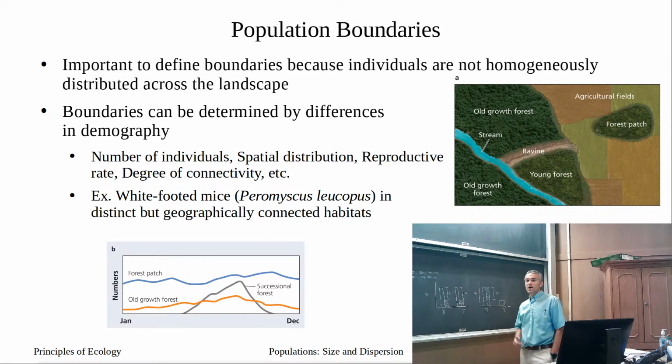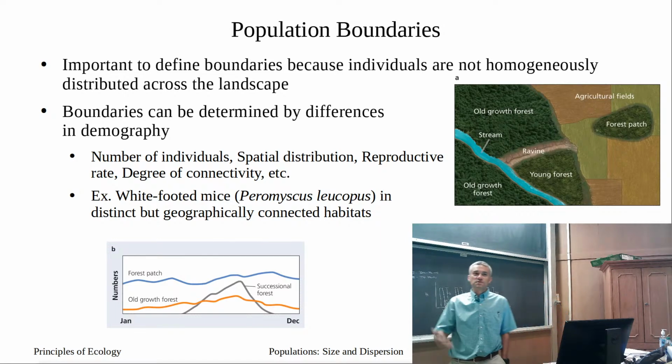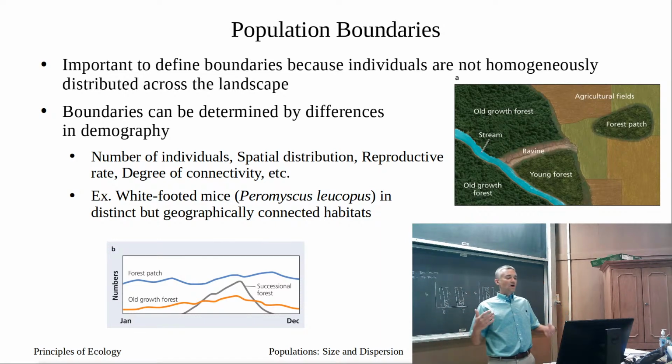When you mature, how many offspring you have, how much parental investment you have? All of these things could be influenced by our boundaries. So in defining a population in a specific habitat, we have to be specific about that.